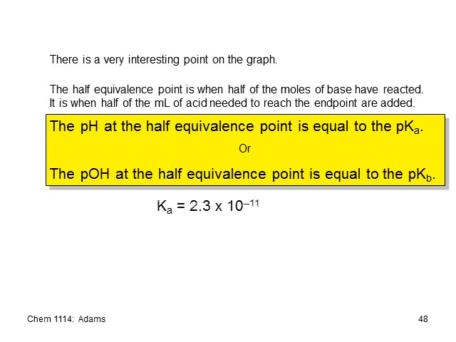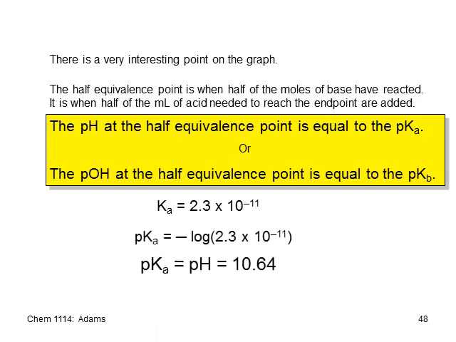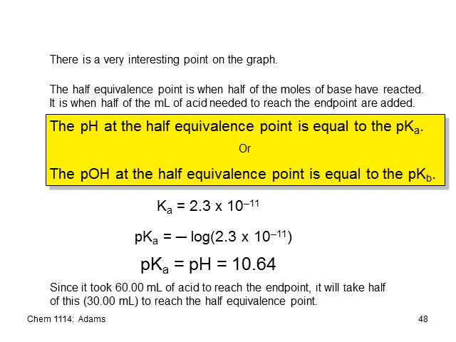The Ka we calculated back in part A is 2.3 times 10 to the negative 11th, and I take the negative log of that to get a pH. Since it took 60 to reach the equivalence point, it will take half of this, 30, to reach the half equivalence point. So I can put the pair 30 and 10.64 on the curve.